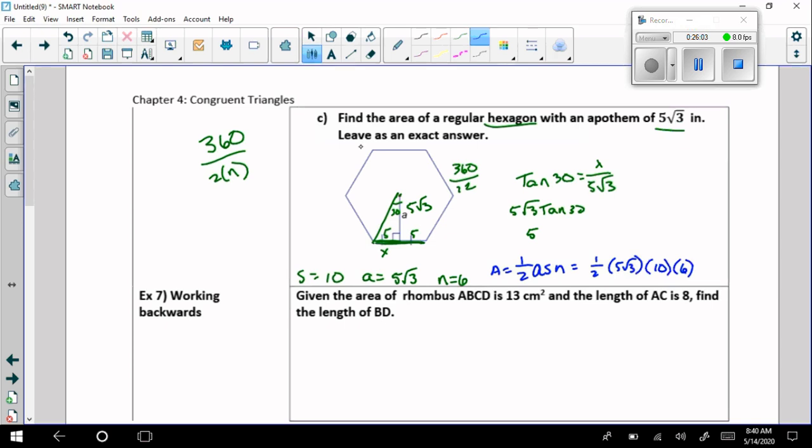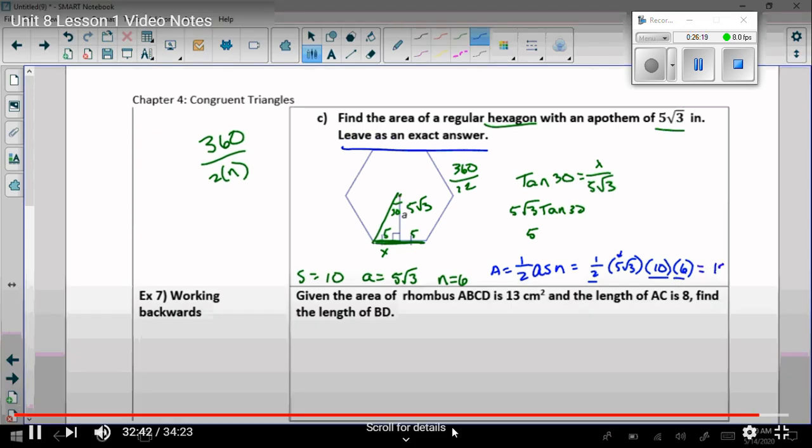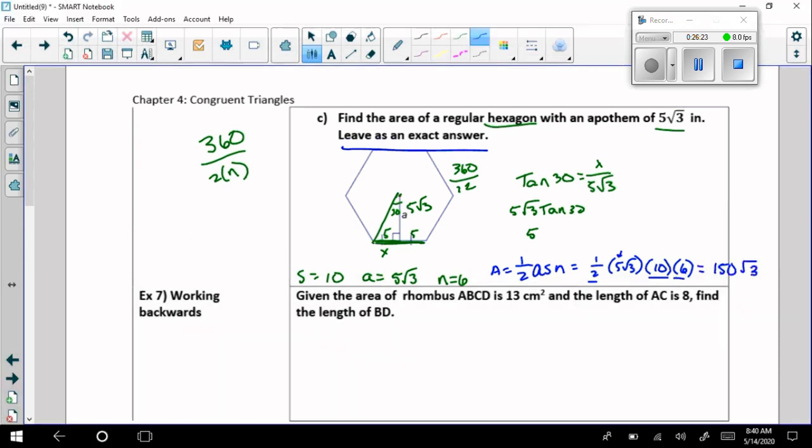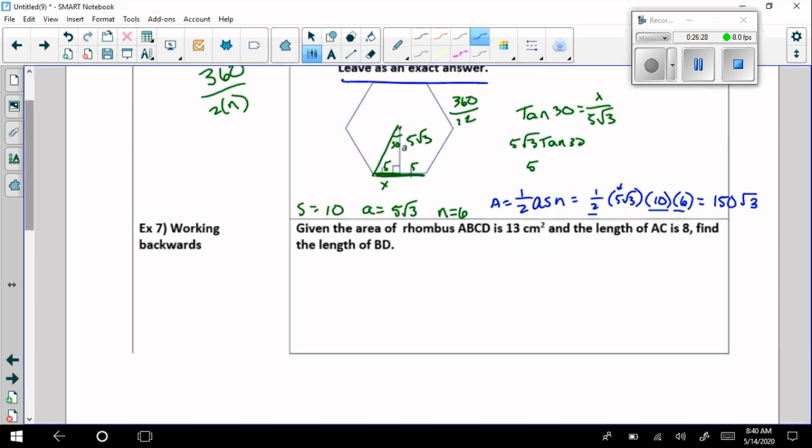So 1/2 times 10 is 5, times 6 is 30, times 5 is 150. So 150 root 3. If you type all that in your calculator and give me a decimal, I'm not going to cry about it. So 150 root 3 inches squared would be the label on that, which I believe I forgot again on this one.